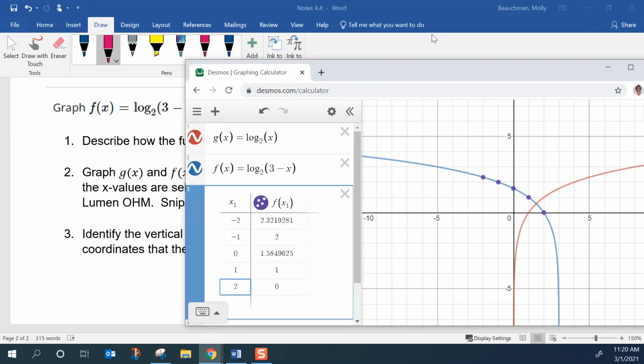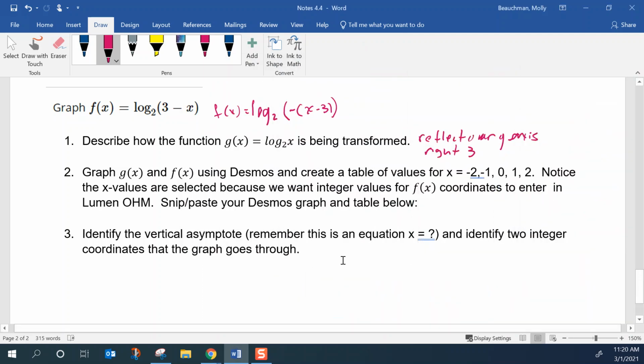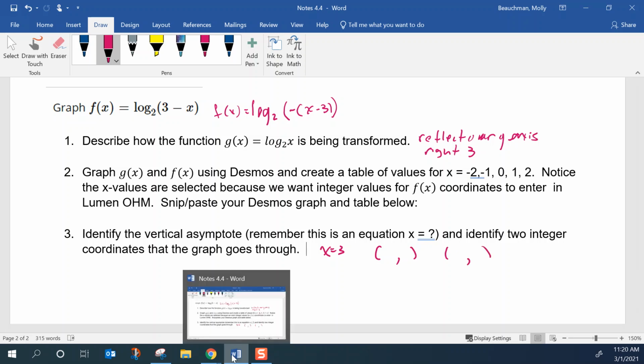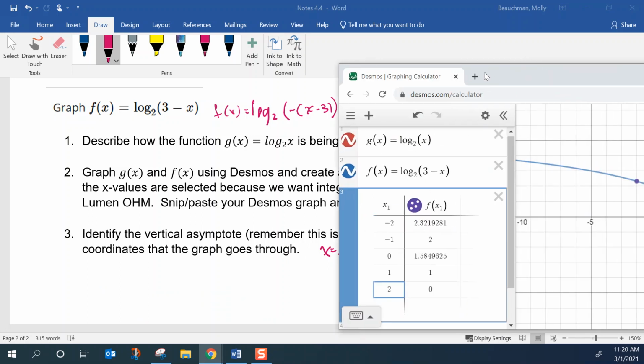Our vertical asymptote now is going to be at x equals 3. And the integer points identified so that you can graph it in Lumen, you could use any of the ones that you prefer. I'll go with (-1, 2) and (1, 1).